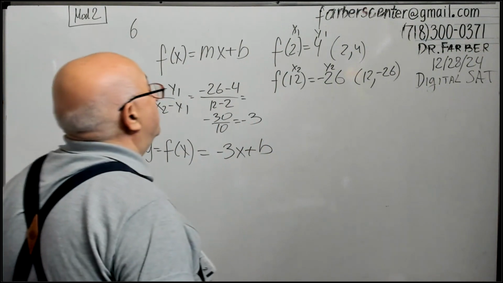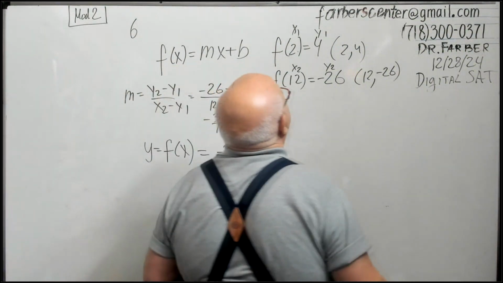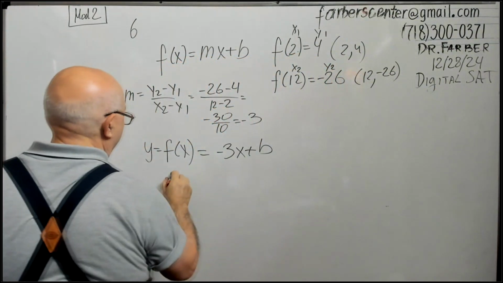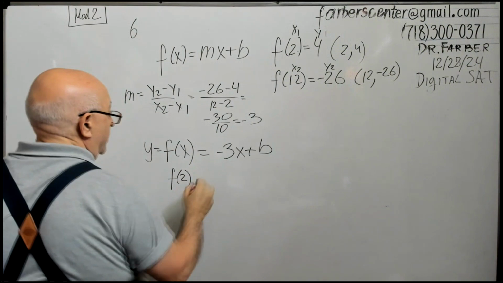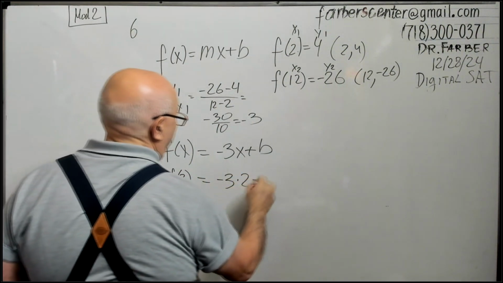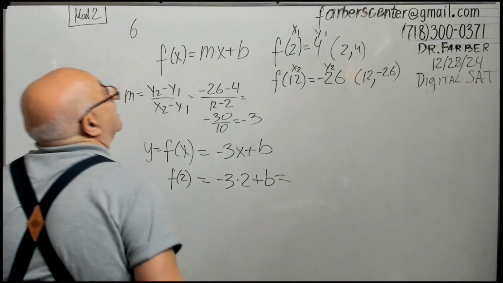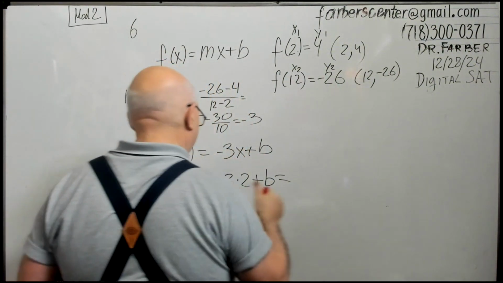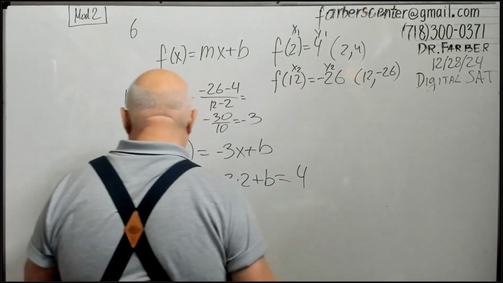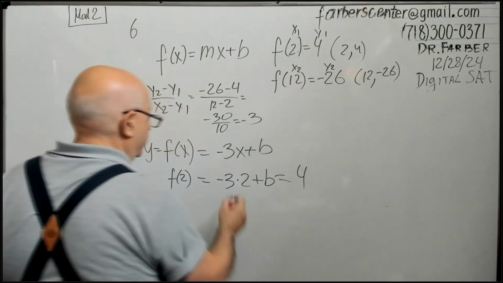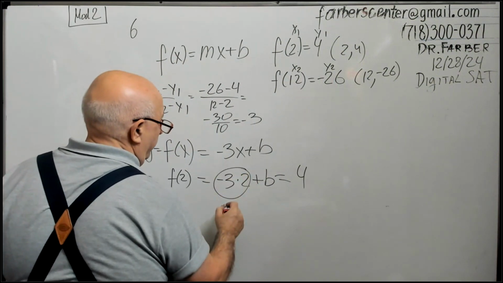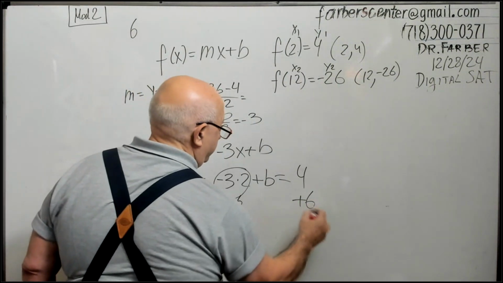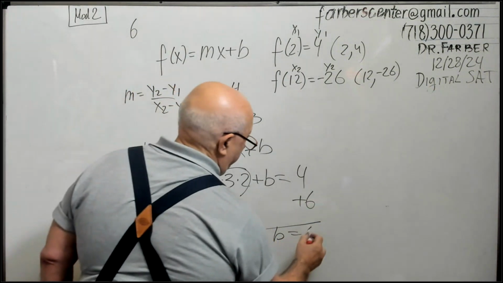And now to find b, plug in any point of this line. Let's say x equals 2, f of 2 equals negative 3 times 2 plus b, and y equals 4. So 4 equals negative 6 plus b, and b equals 10.